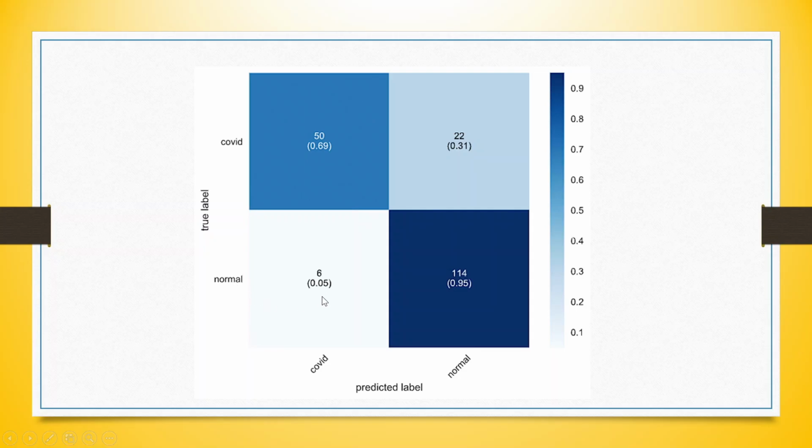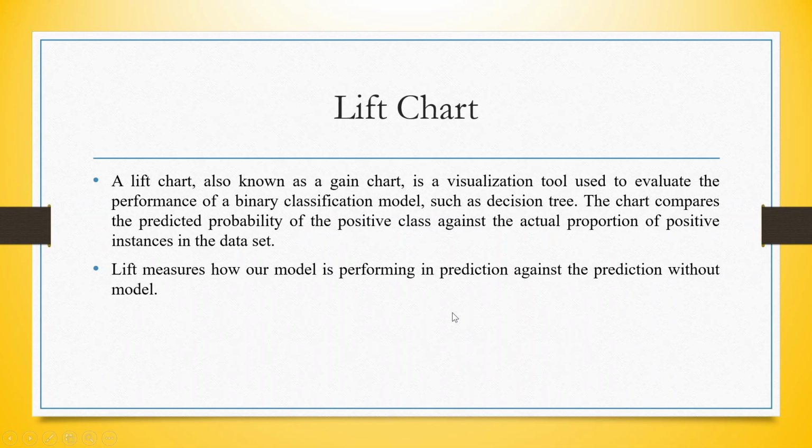The person is normal, but the COVID kit detected that the person is infected with COVID. So 6 are such cases which have been misclassified. Similarly, a person is having COVID and the kit detected the person is not having COVID. So 22 plus 6, they are misclassified cases. So 50 plus 114, we want more and more such cases which have been correctly classified.